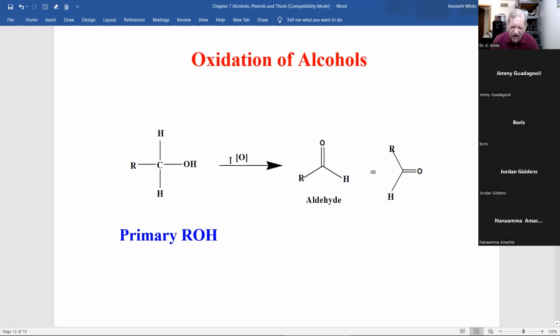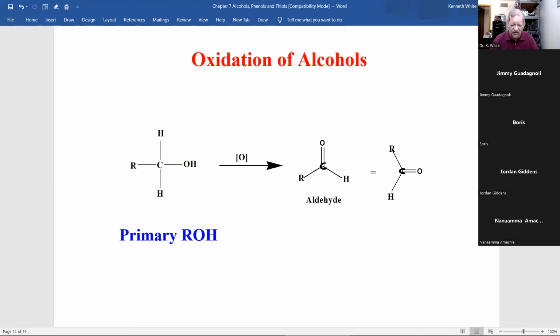That means oxidation reagent. And here, if you take a primary alcohol, oxidize it, you get an aldehyde. Now, my software doesn't put the carbon in there. There should be a carbon in there.